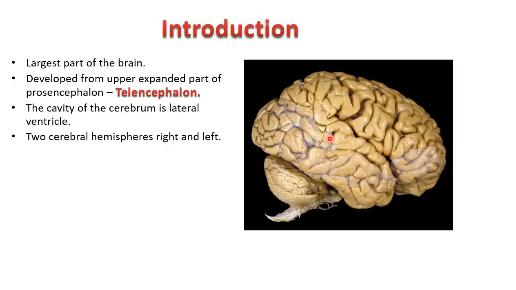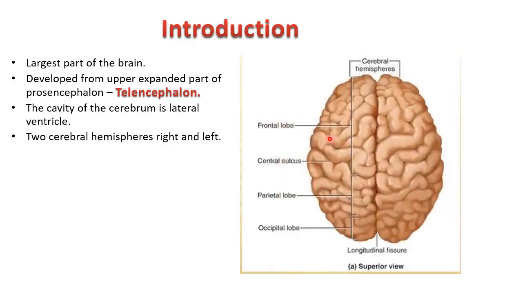There are two cerebral hemispheres, a right cerebral hemisphere and a left cerebral hemisphere. Even though they appear to be separate superficially, in the midline you are able to see the median longitudinal fissure.